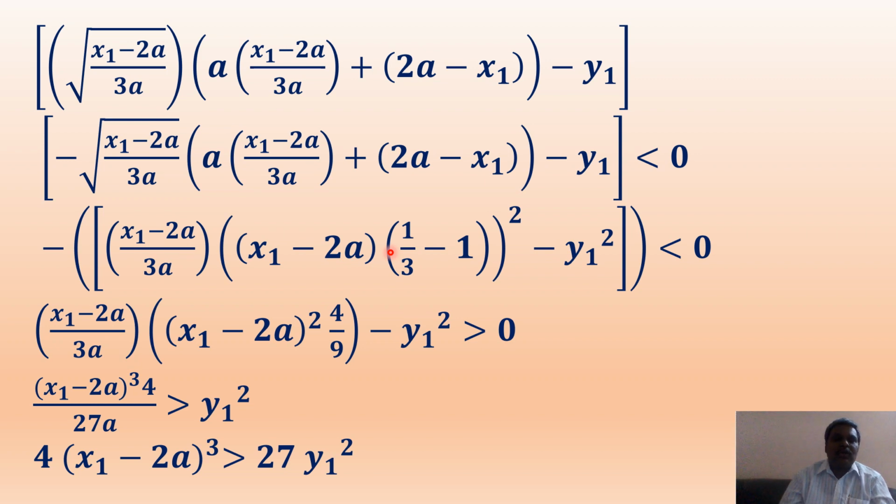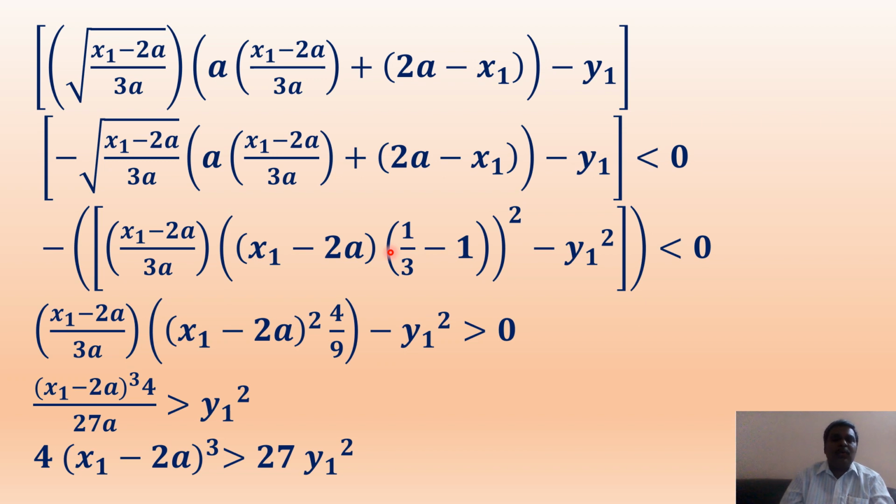So once you have a and x1, y1, substitute the values of a, x1, y1 in my inequality 4 times (x1 minus 2a) whole cube greater than 27 times y1 square. If that is satisfied by my point x1, y1, you say that from that point you can draw 3 real and distinct normals to the parabola. What is my condition? 4 into (x1 minus 2a) whole cube greater than 27 y1 square.